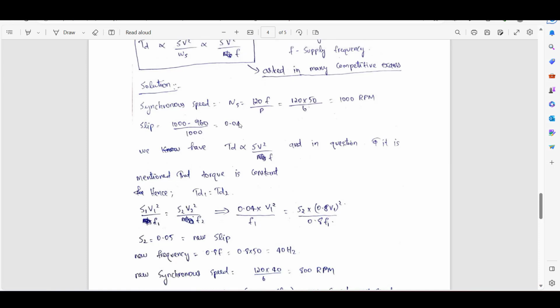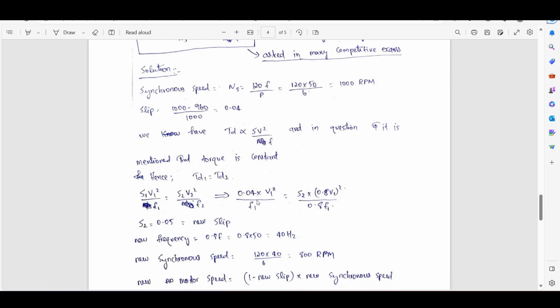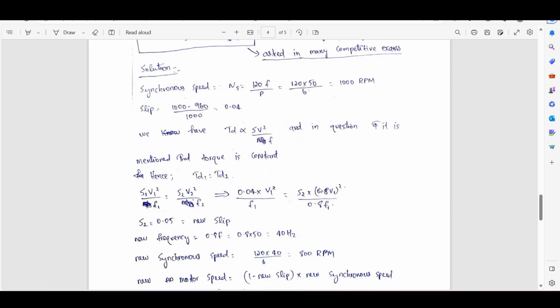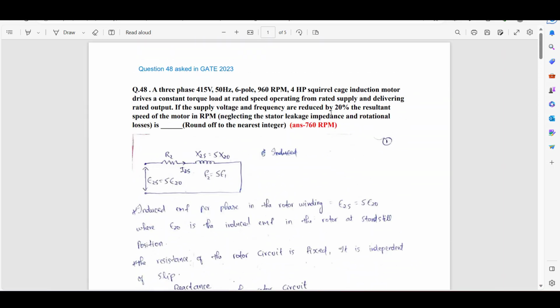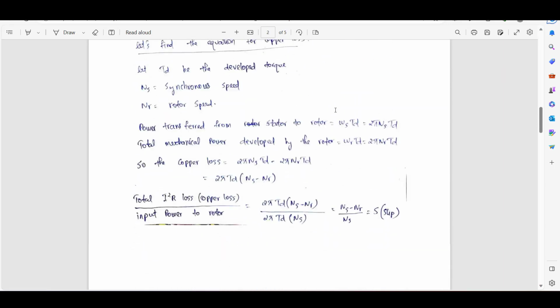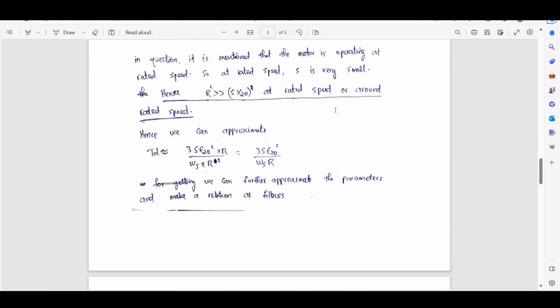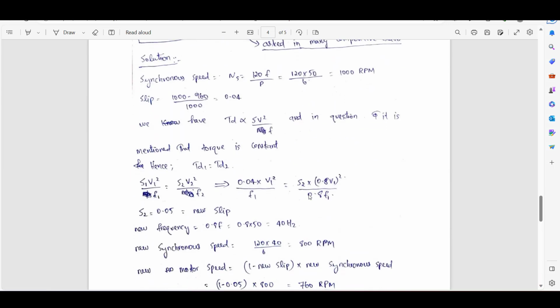S1 we have found, that is 0.04 into V1 square divided by F1 equal to S2, that is what we have to find, into (0.8 V1) square, because in the second case the voltage is reduced by 20%. So the new voltage is 80% of the previous one, so V2 equal to 0.8 into V1.